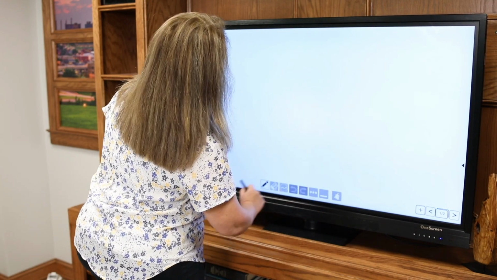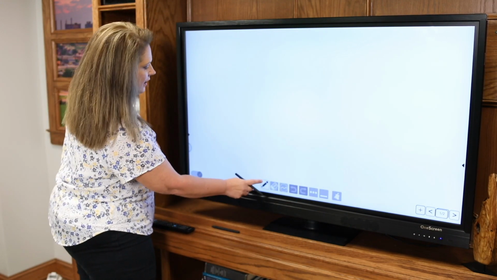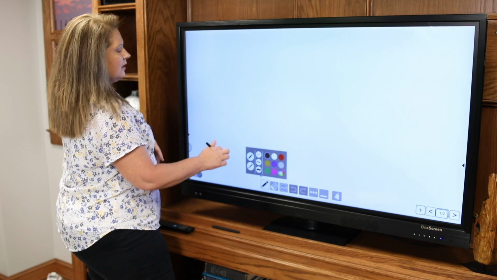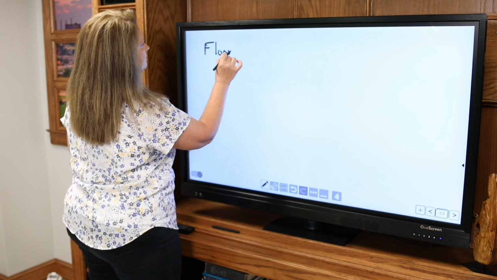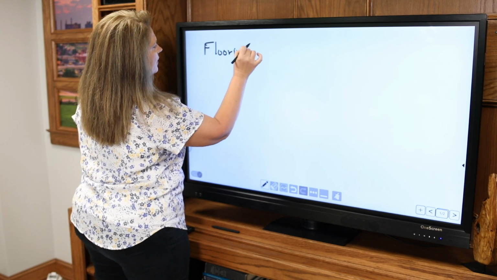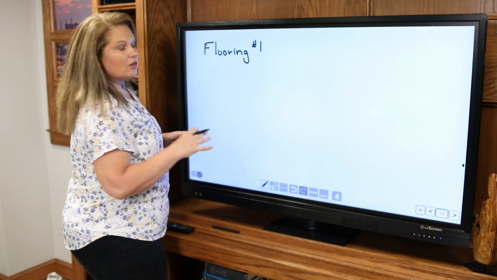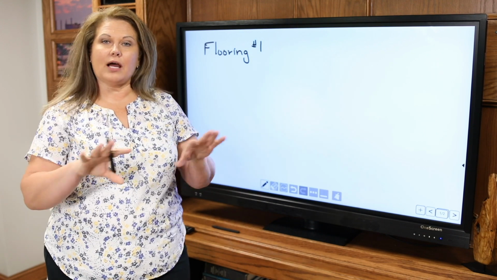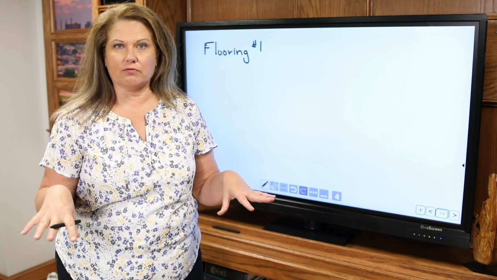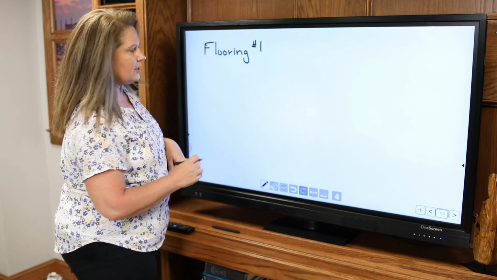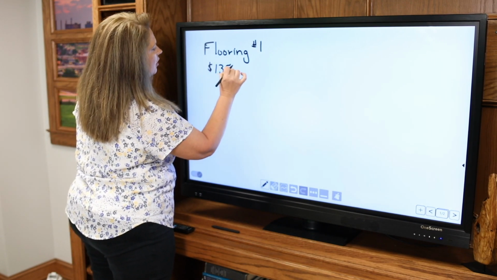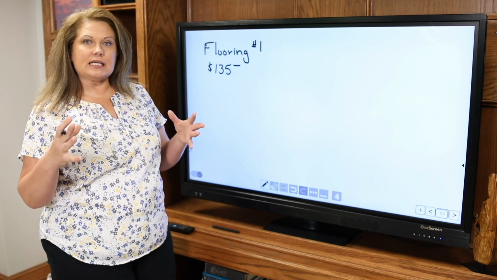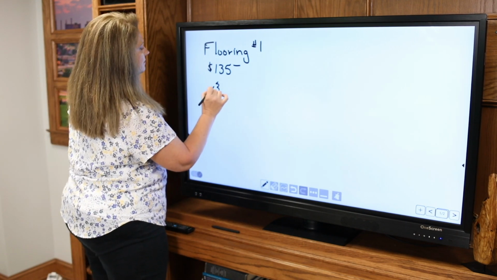And we'll just delete our last one. So let's say we have flooring number 1. They're both sold by the carton, so I really don't need that information written down. But I do need the information that it's going to cost me $135, and that's going to give me 30 square feet.